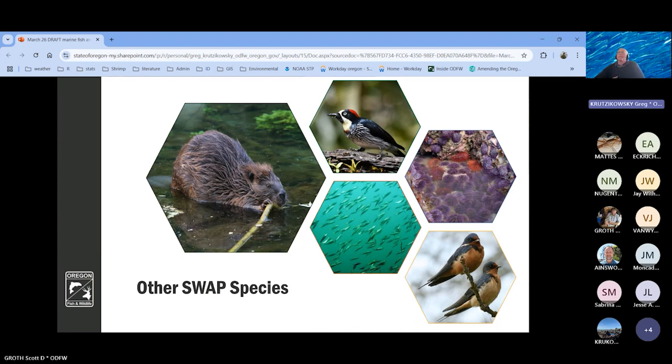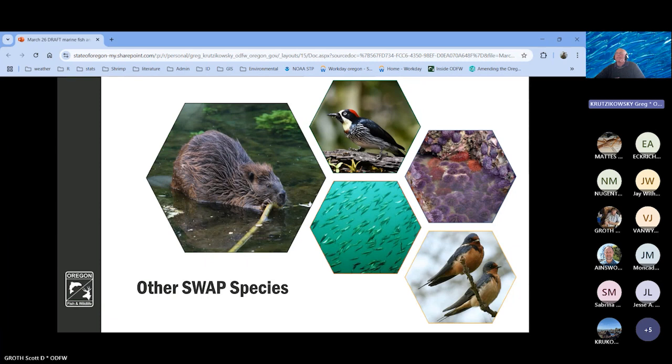Now that we've outlined the four criteria for SGCN, I want to briefly touch on the other species category before we go into our species outcomes. Other species, there are a number of species with secure populations that don't meet criteria for SGCN or SGIN, but there is other reason for us to focus on conservation actions on the species.